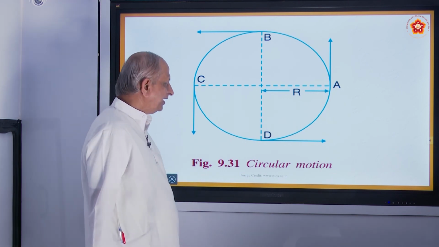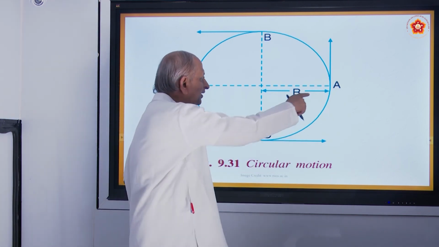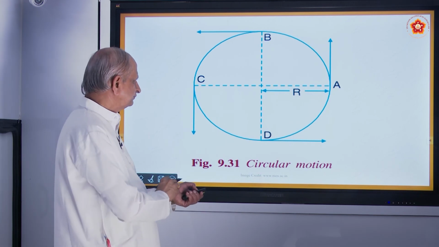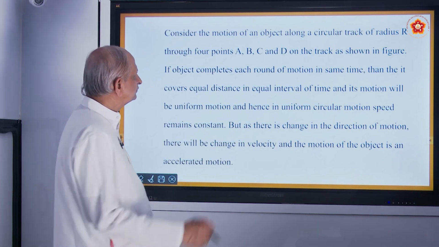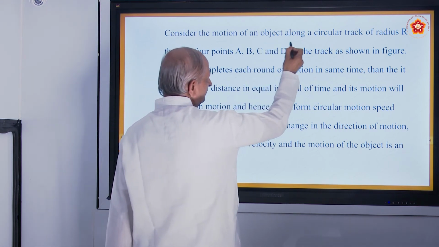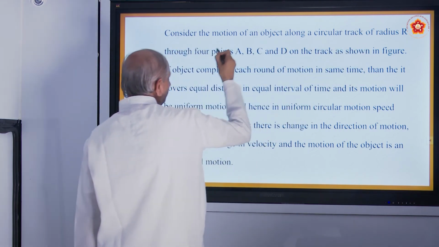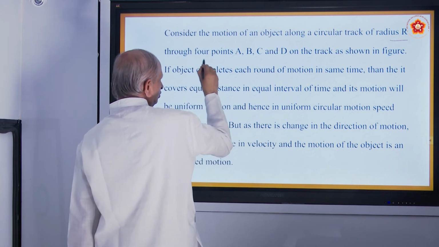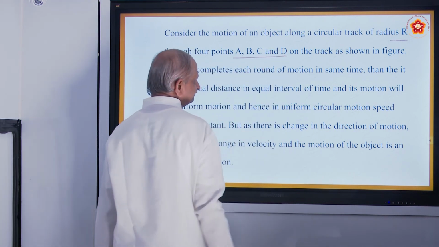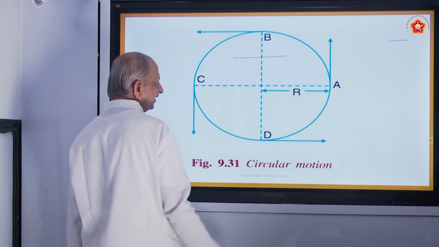So let me give an example. Here is a body called A and it goes to a point called B. So consider the motion of an object along a circular track of radius r, through the 4 points A, B, C, D as shown in the figure.